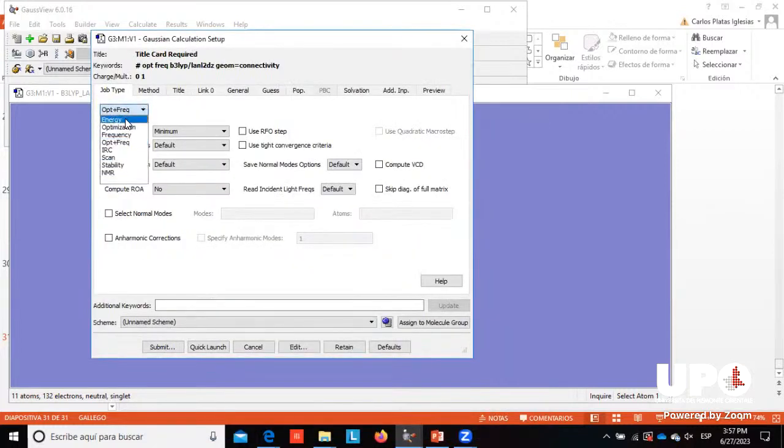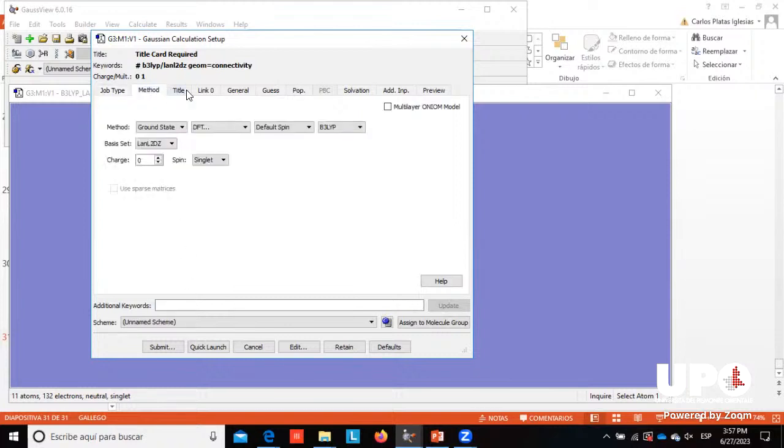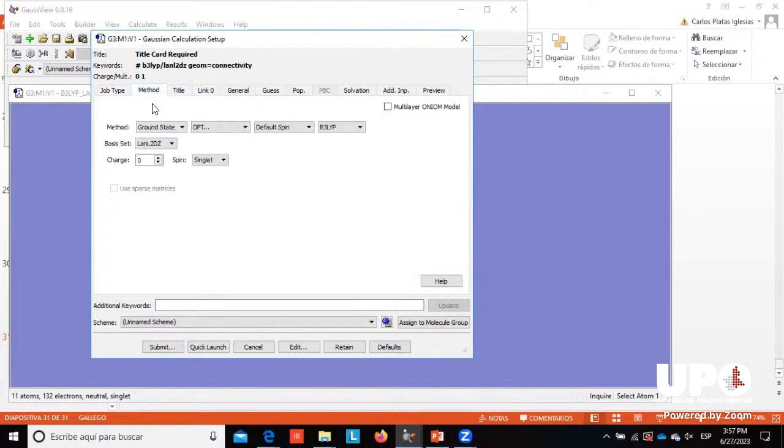So here we select just energy because our geometry is already optimized and we have characterized the structure with a frequency calculation. And then I think if you have all as it was, we need just to add, well, I didn't add a title all the time, but never mind. I think it will work, hopefully, by adding here as additional keywords, pop equal full over here.